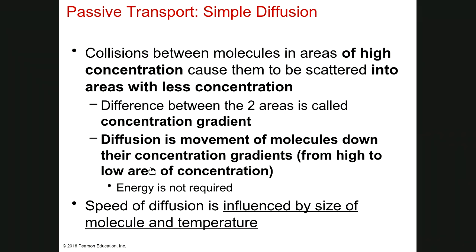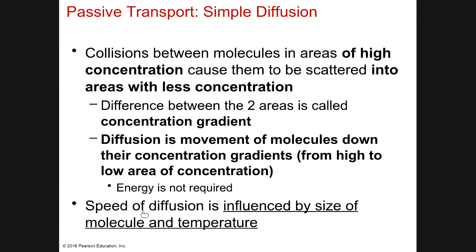Okay, that really is your definition of simple diffusion: the movement of a solute from where it exists in high concentration to where it exists in low concentration. And this is just an effort to maintain homeostasis, to maintain balanced levels of this solute, whatever it may be, on both sides of the membrane. Remember, this is a passive kind of transport, so ATP or energy is not going to be required.